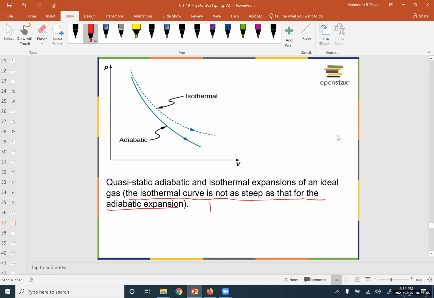You can try yourself and find dP over dV for both, adiabatic and isothermal. Then you will know that adiabatic is steeper than isothermal.